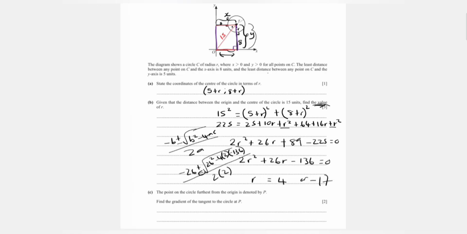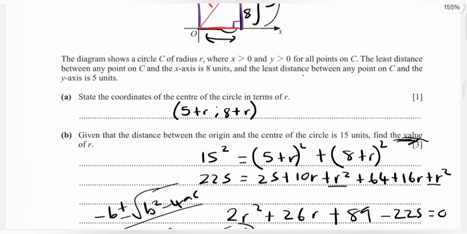And if we take 4, we get 5 plus 4, that's 9 for the center, and 8 plus 4, that's 12. But if we use minus 17 there, we'll end up getting values that are less than 0.